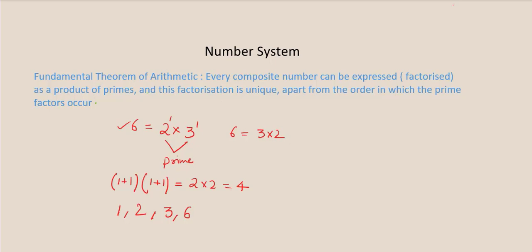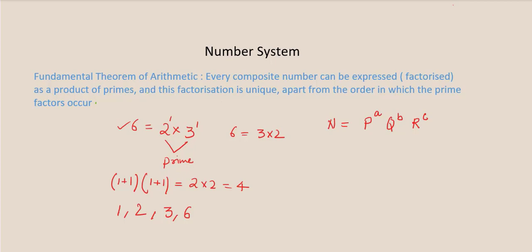It's a very easy way to find out how many factors 6 has. If you are asked in an examination how many factors 6 has, then it's very easy to find out from this method. So, you can say that any composite number can be represented as a multiple of prime numbers. For example, if n is a composite number, then it can be written as p to the power a, q to the power b, and r to the power c.